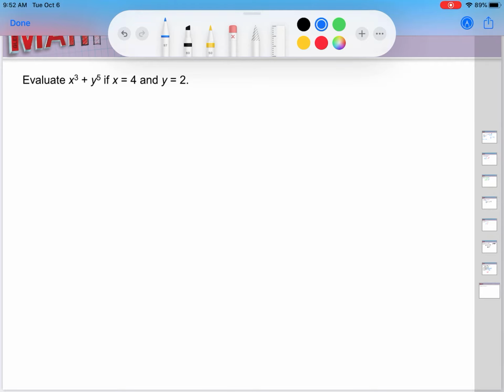Another one. So we're evaluating x to the 3rd plus y to the 5th. And they say x is 4, so we're going to say 4 to the 3rd plus 2 to the 5th. Now let's practice this one by using our calculators.